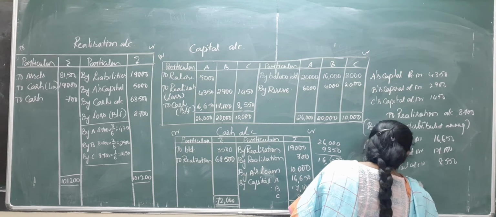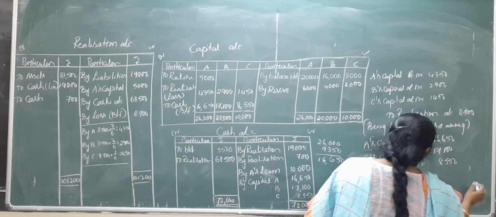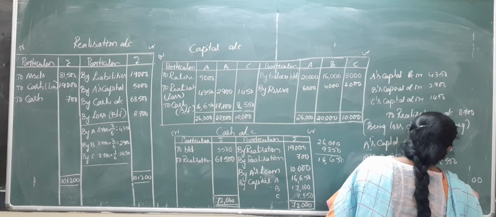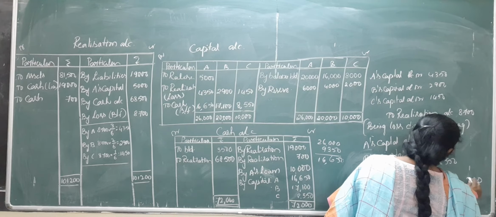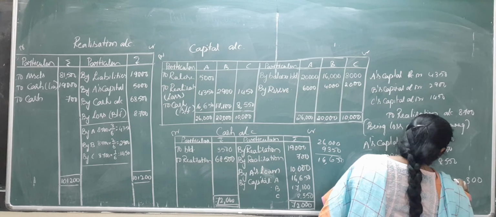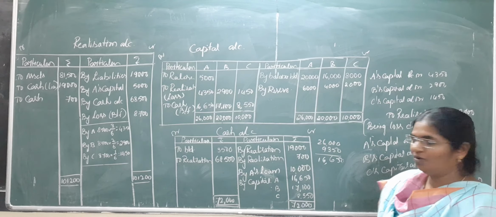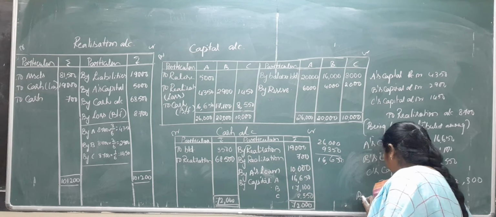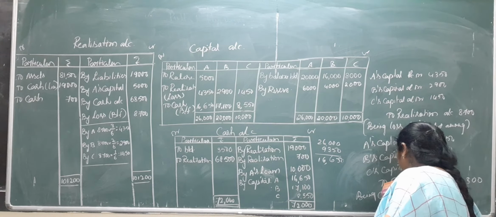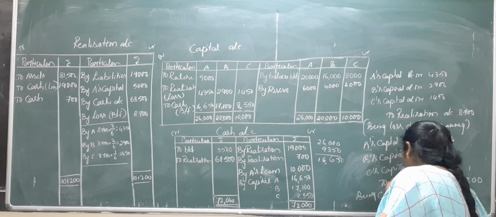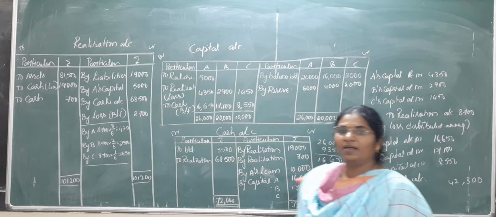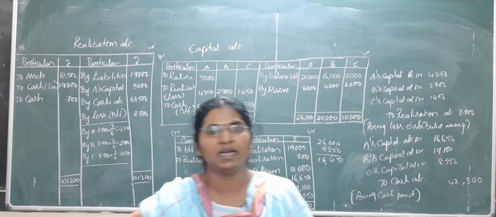To cash account, in total 42,300. So this amount being cash paid by partners. Being cash paid by partners.